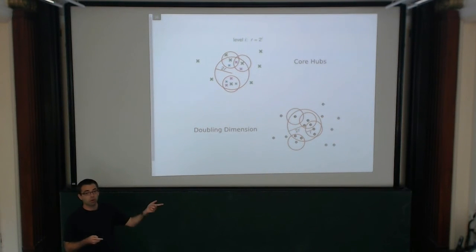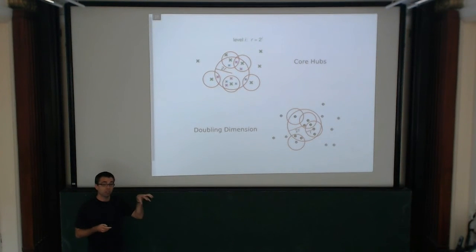I only want to mention one problem, which is the following. It might happen that you have to take balls of half the radius around hubs outside the big ball to cover core hubs inside the big ball. That's a problem because we don't have a bound on these core hubs outside here. This is where definition 2 comes into play, this more special definition.